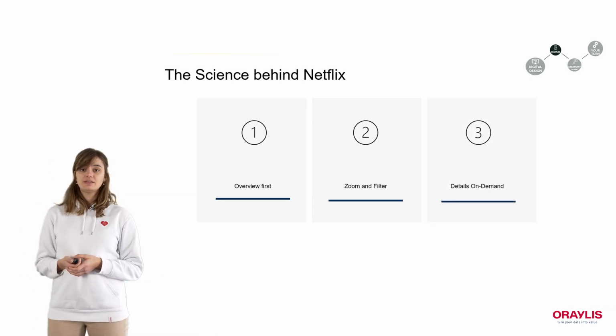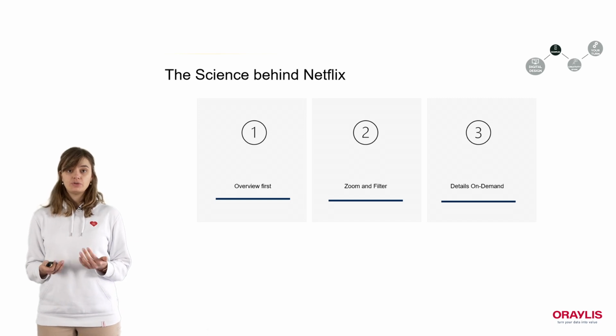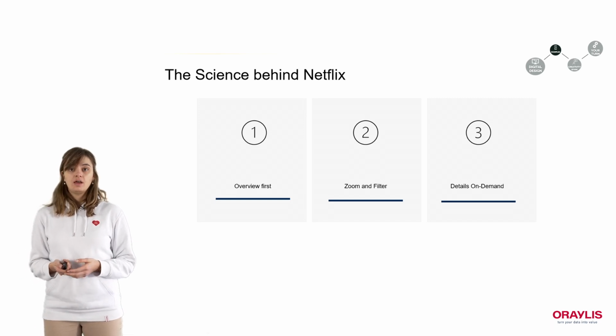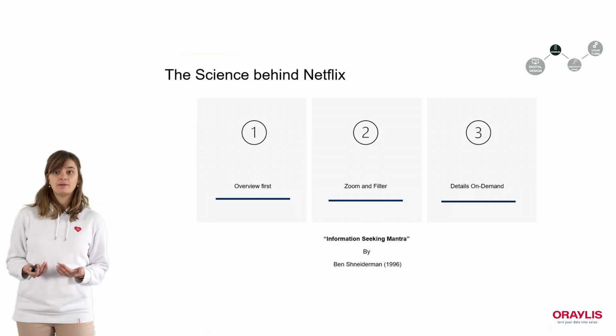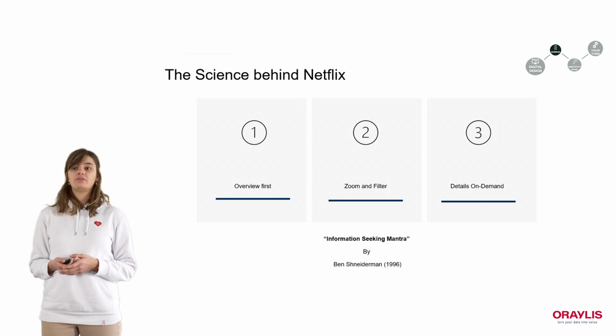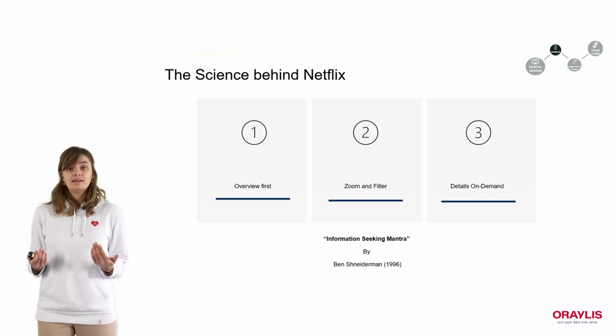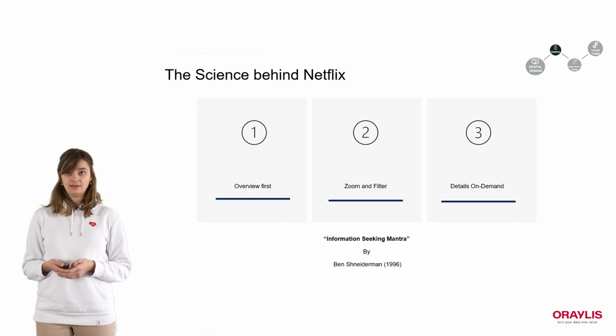And last but not least, the user should have an option to see details. If you want to know more about this topic, all these aspects can be summarized by the information-seeking mantra by Ben Shneiderman. And a little side note on this, the mantra was already established in 1996. So streaming platforms actually didn't reinvent the wheel here.